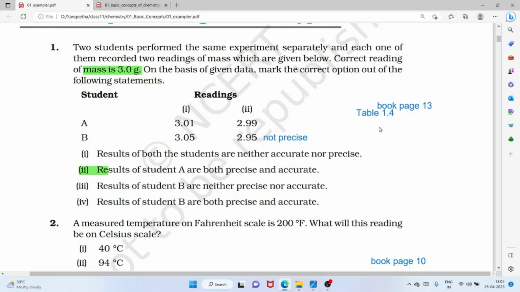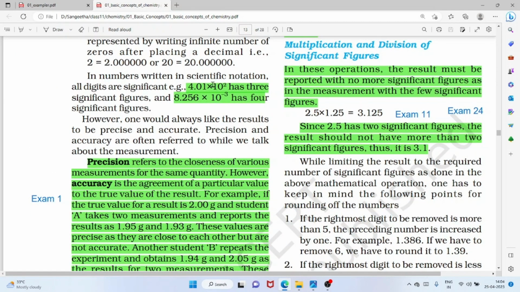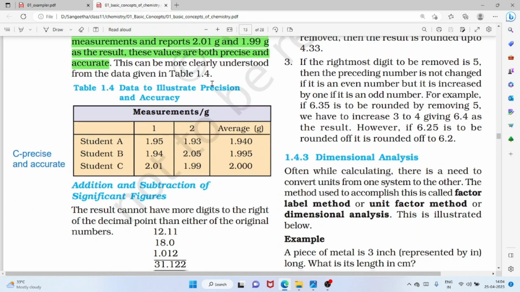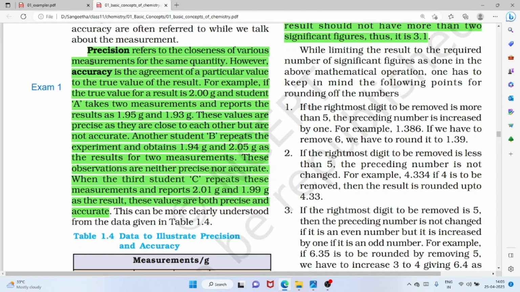In the book, page number 13, they have given these readings. You can go through it. The reading C is precise as well as accurate. What is precision and what is accuracy are given here.